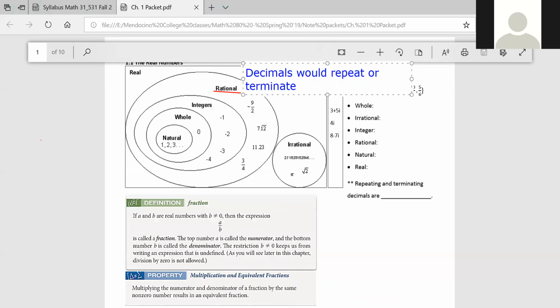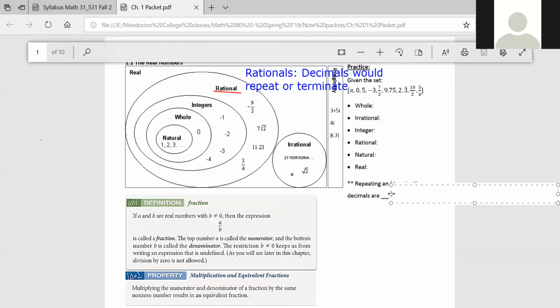Oh yeah, I saw that in one of our examples, I think it was like 0.333... or something. Yep. So those are rationals. Okay. Yep, and that's what this box would have been for if we were in class, repeating or terminating decimals, just to reiterate that.